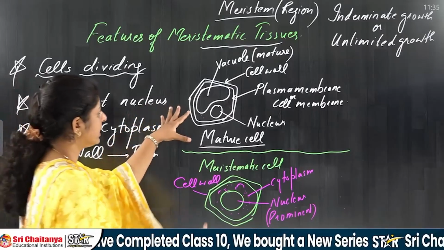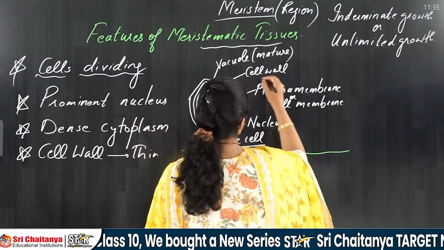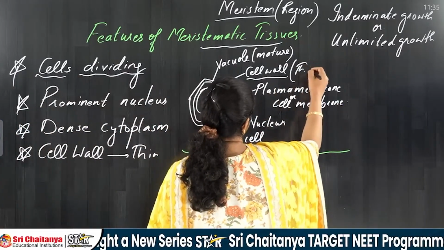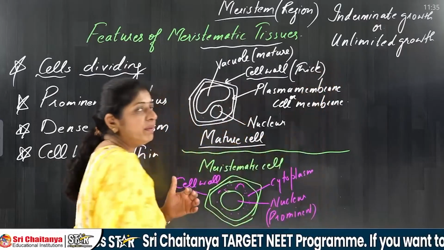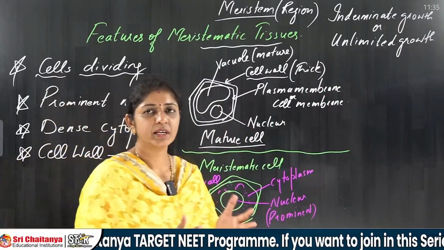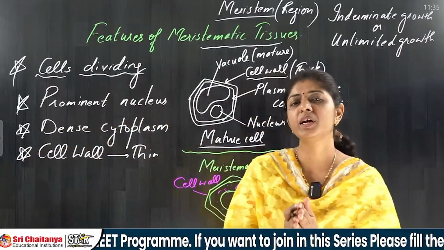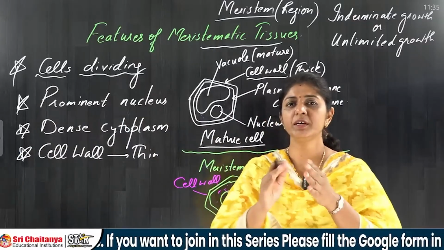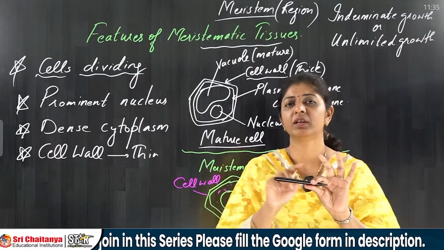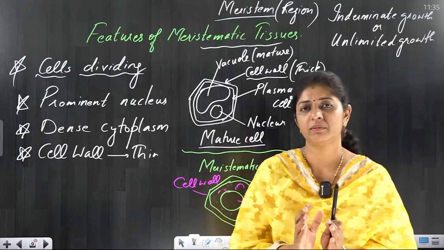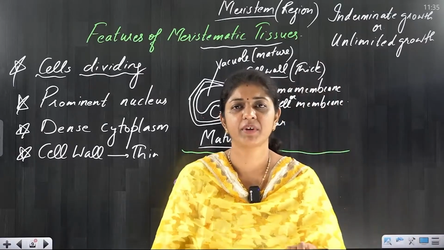But in a mature cell, the cell wall is going to be thick. How it becomes thick, what its layers are, we will discuss later on. But since we are discussing meristematic cells, which keep on dividing, for that division the outer layer must be thin. It should not be thick, otherwise it cannot divide, right?